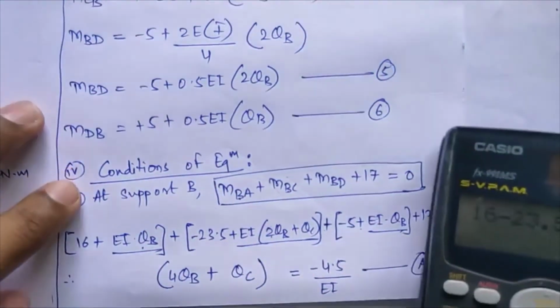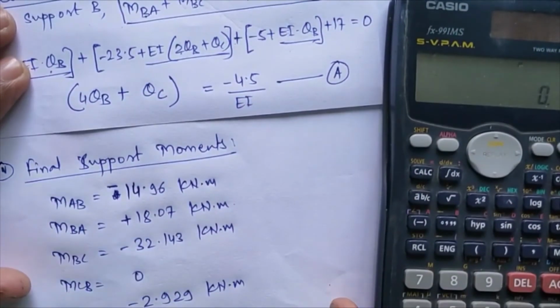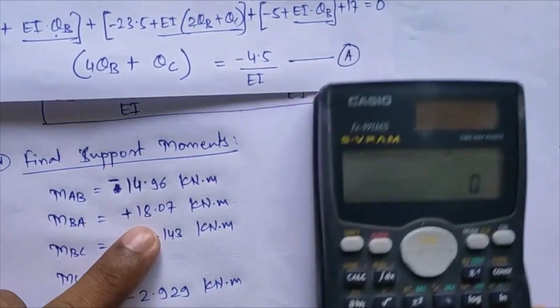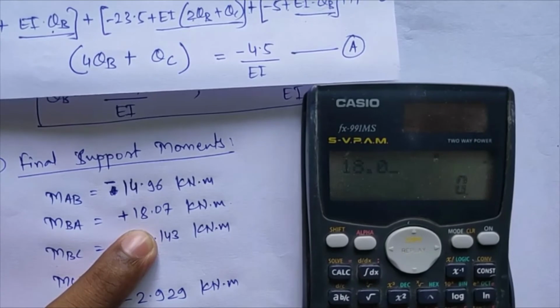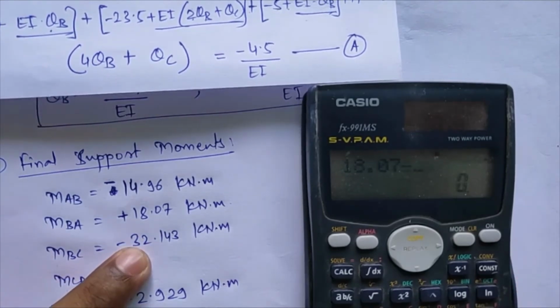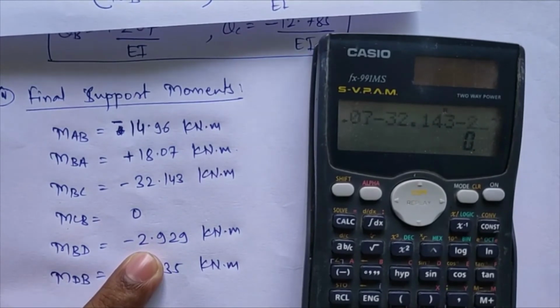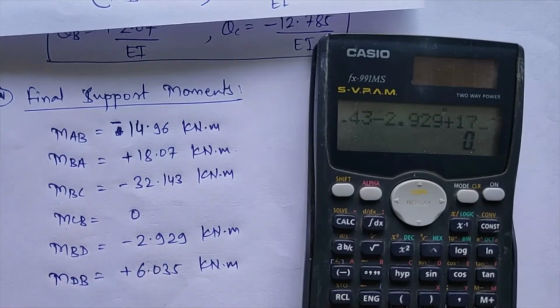MBA I am getting as 18.07, plus MBC as minus 32.143, and MBD as minus 2.929, plus 17. These all terms shall come equal to 0. I am getting almost 2 into 10 raised to minus 3, that is 0.002, almost equal to 0.